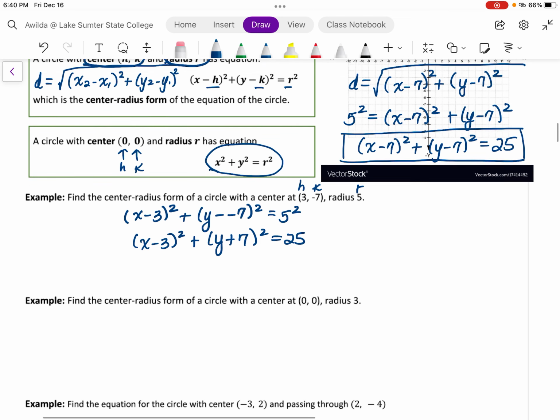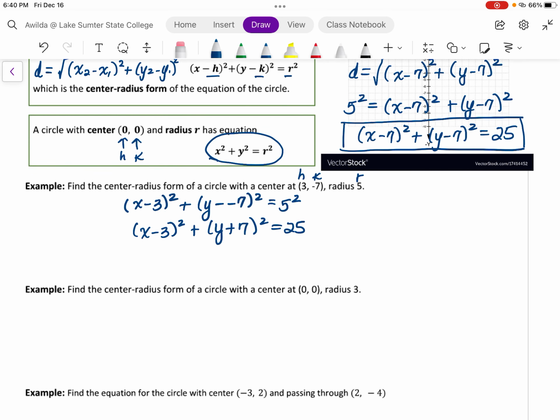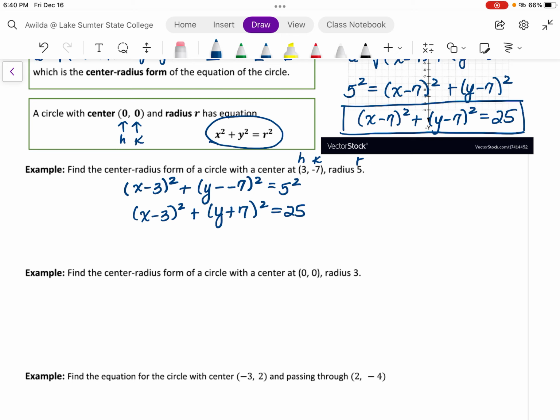Let's work another example. Here we have to find the equation of a circle that is centered at the origin, so that means that h and k are both 0, and the radius is 3. Now, you can go through the original equation and then simplify if you want to see the connection, or you can jump right to this second equation that is the simplified version when the center is at the origin.